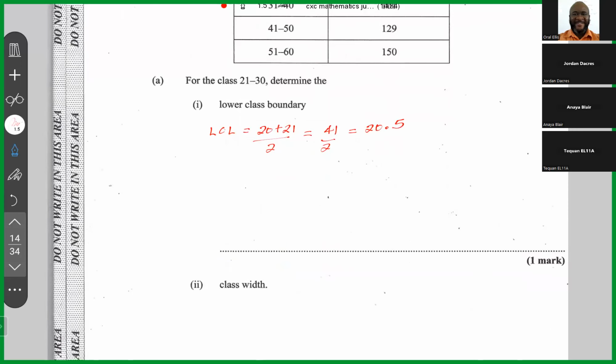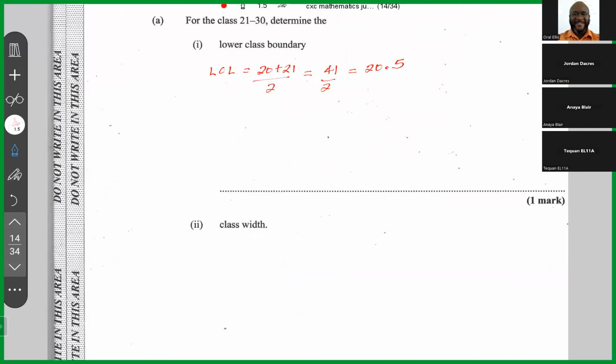Next, we're asked for the class width, and these are things that you have to remember, that the class width is equal to the upper class boundary minus the lower class boundary.